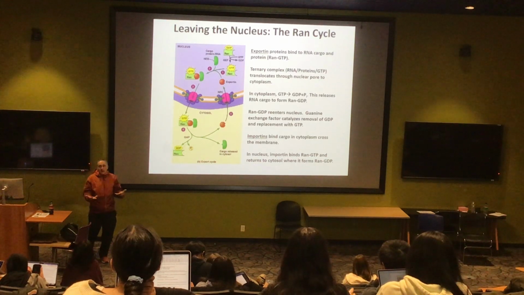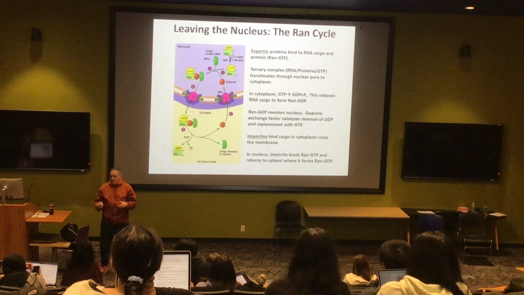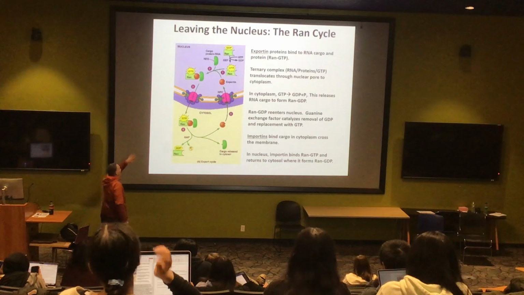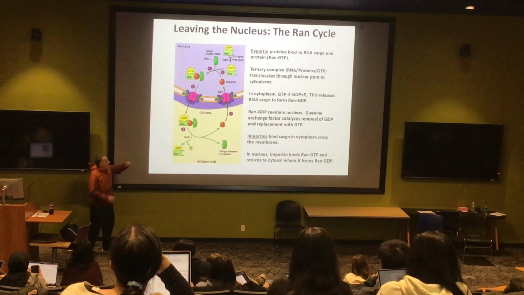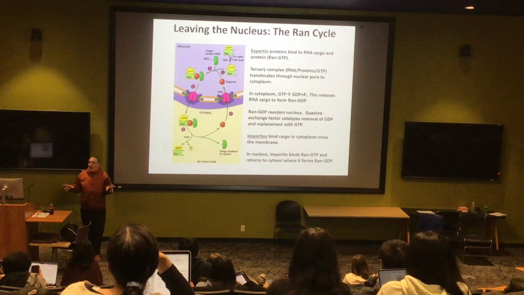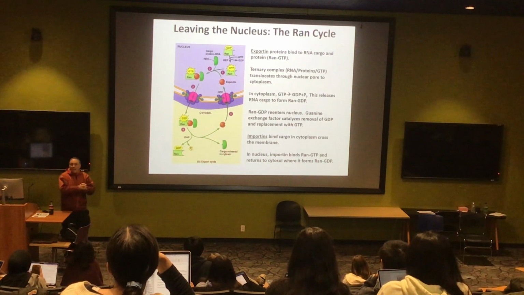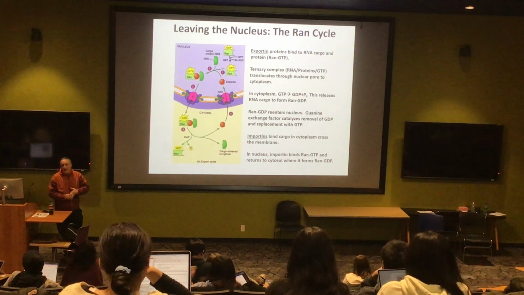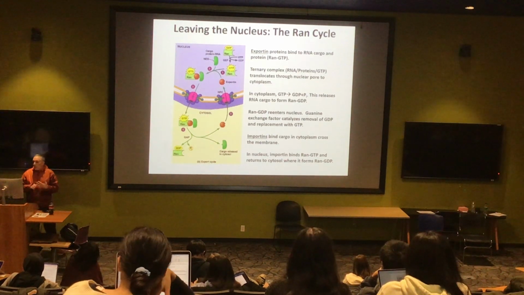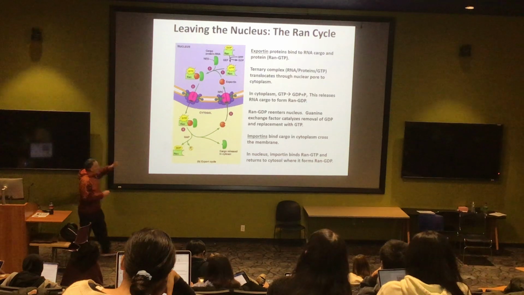We want to release our protein bound to the RNA. We need to do that by causing the GTP to be hydrolyzed to the GDP. That causes the entire complex to go from a high affinity state to a low affinity state, and that's going to now release our protein RNA complex. Okay? So this is what we call the RAN cycle.